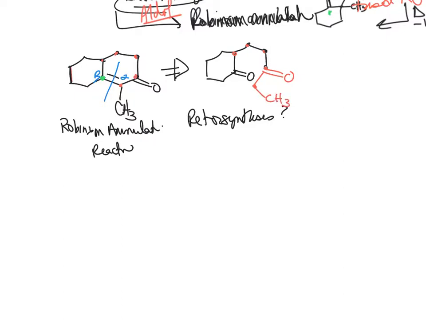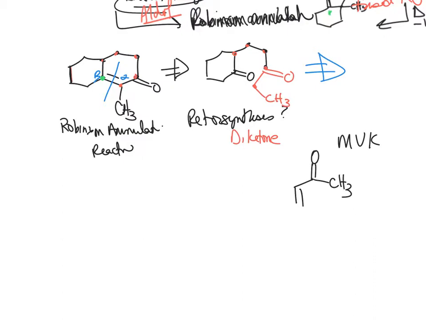Okay? So this is our diketone. Now, how did we form the diketone? Okay, it came from a methyl vinyl ketone. So let's draw the methyl vinyl ketone. This is your methyl vinyl ketone. Okay, so let's see where those pieces are.